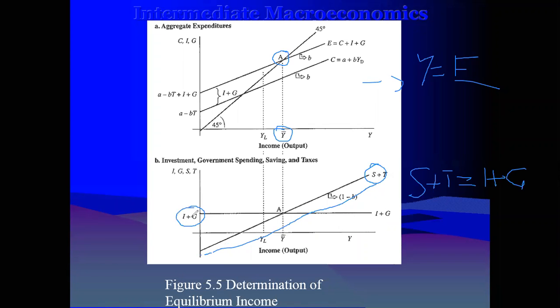This curve is horizontal because it is independent of Y. We said they are exogenous, so no matter the value of Y, their values are constant. So when you add their values, the answer that you get will be constant. So we have a horizontal injection curve. Where the injection curve and the leakage curve meet, that is where we get our equilibrium point. When you trace this to the output line, we get our equilibrium income.